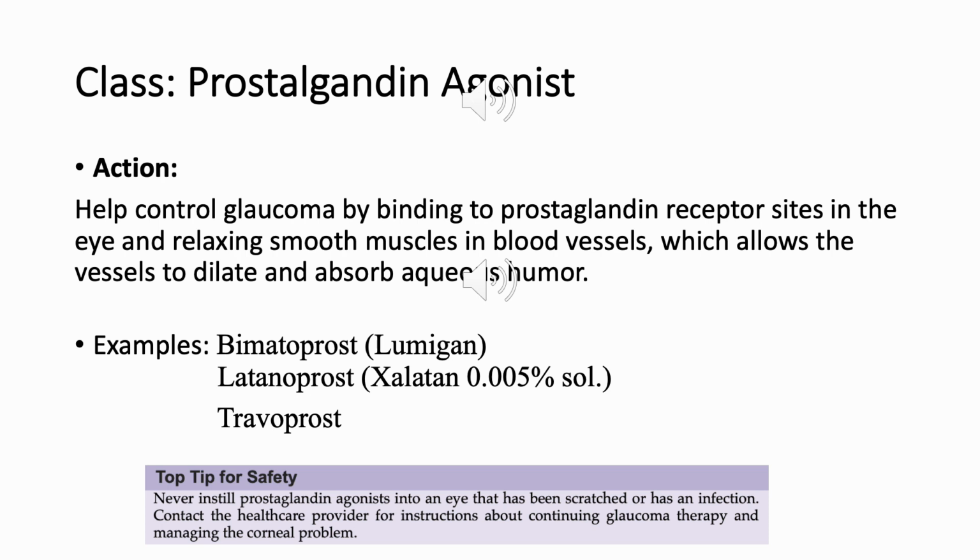As a result, more aqueous fluid enters the blood and less is present in the eye, lowering the IOP. For many people, they are very effective for controlling IOP. They are used only once a day and have fewer systemic side effects than any other glaucoma drugs.